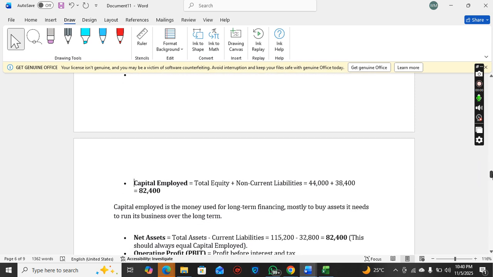And one more important thing which you must know in your balance sheet: always remember capital employed, CE, must also equal your net assets.